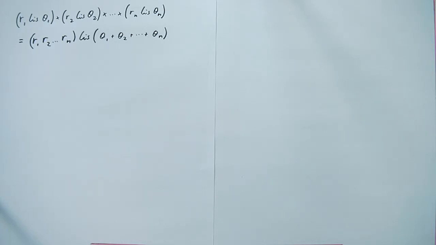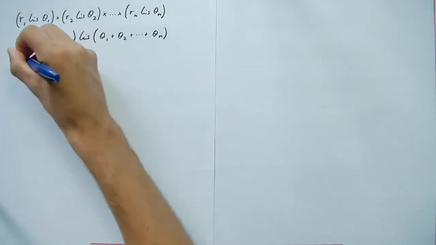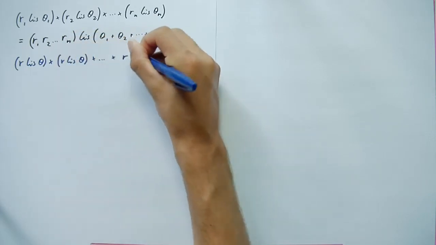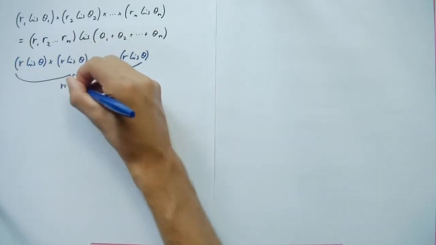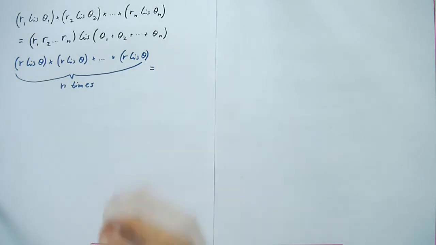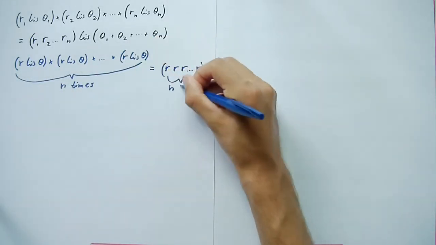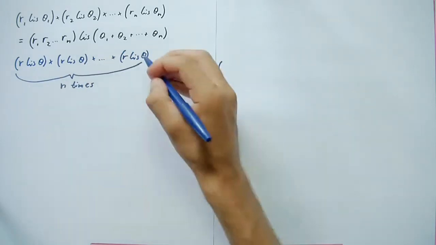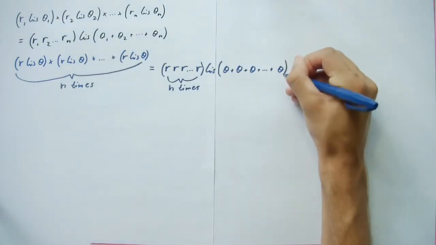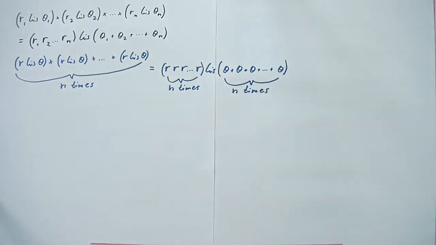So on the left hand side we have r cis theta times r cis theta times r cis theta, multiplied n times. And that's going to be equal to r times r multiplied n times, times the cis of the sum of the arguments, which is theta plus theta plus theta, n times.